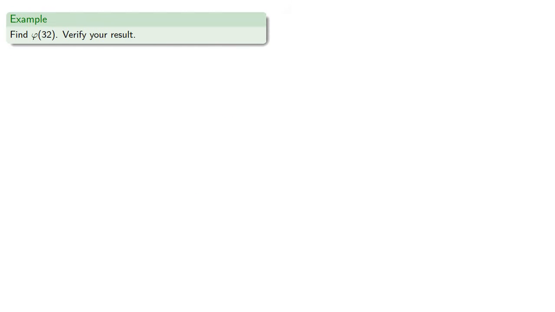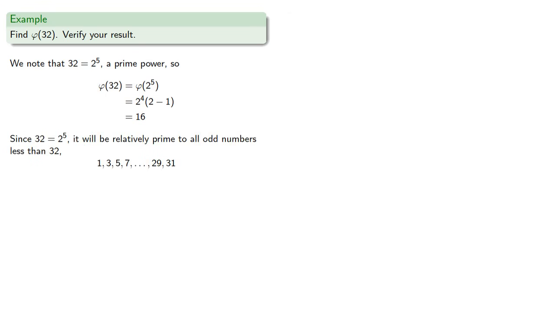For example, find phi of 32. And so we note that 32 is 2 to the 5th, a prime power. And so our formula tells us we have, now since 32 is 2 to the 5th, it will be relatively prime to all odd numbers less than 32. And so there are, well, let's try and count these.